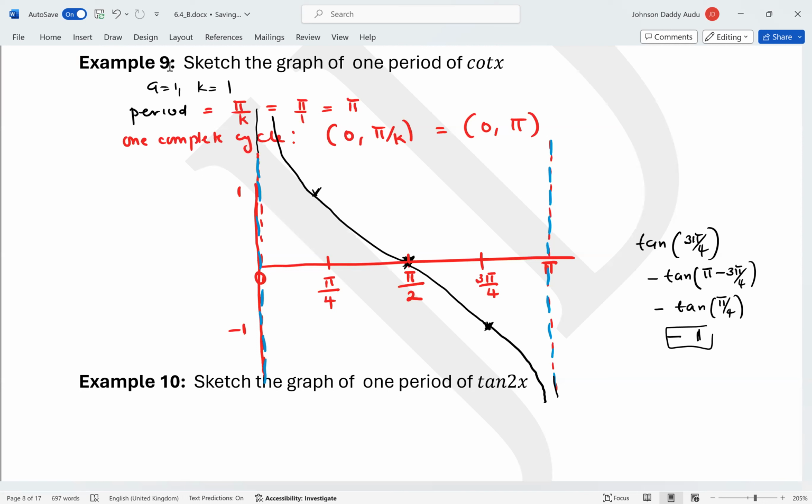So this is the graph of cotan x, one period of cotan x. We can add so many periods. You can add one period to the right, or one period to the left, depending on how many periods you want. But for one period, this is fine. This is the graph of cotan x.